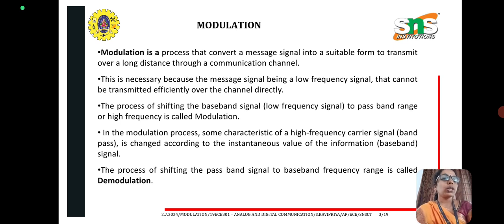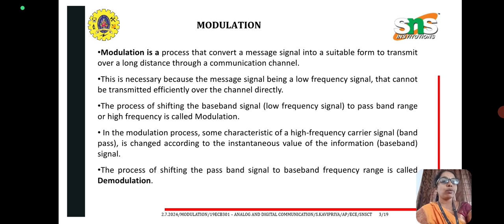It is a process of converting a message signal into a suitable form to transmit over a long distance through the communication channel. It is necessary because the message signal is a low frequency signal that cannot be transmitted efficiently over a channel directly. The process of shifting the baseband signal, that is nothing but a low frequency signal, to the passband range or high frequency range, we call that particular process modulation.